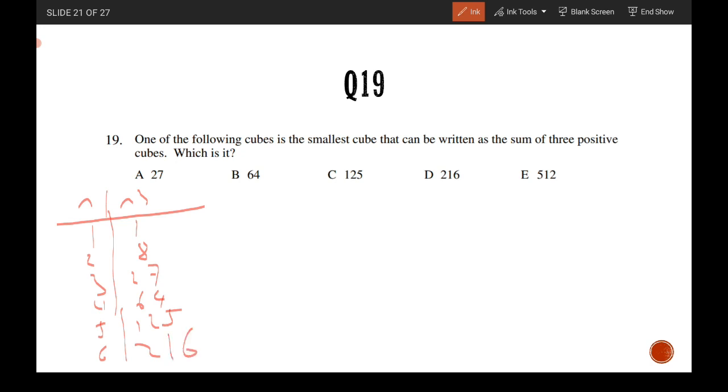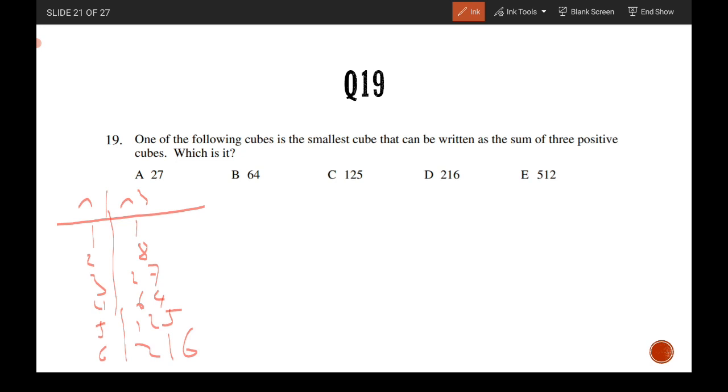There's nothing saying we can't use the same cube multiple times, like 1 cube plus 1 cube plus 1 cube. But you can see there's no way we're going to be able to get 27 from these numbers. 8, 16, 8, 24 maximum, that already goes above.